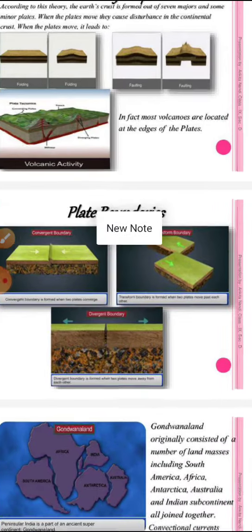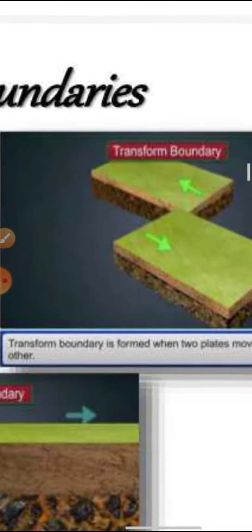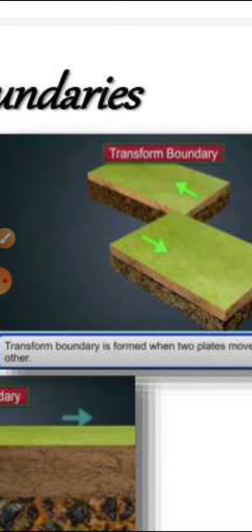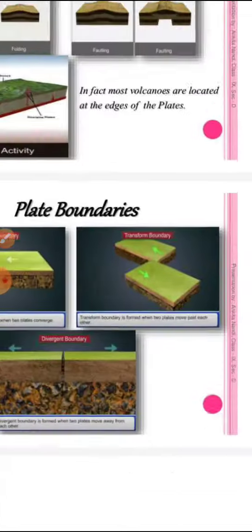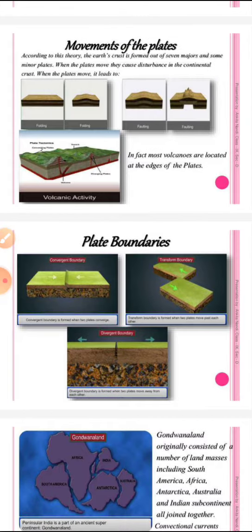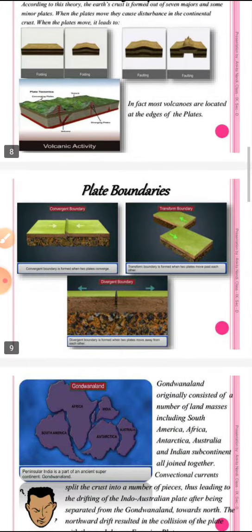The third type of movement: sometimes instead of moving towards or apart from one another, two plates may slide against the boundary of one another. This type of movement is known as transform movement, and these plates form a transform boundary. So these are the three types of movement of the tectonic plates.